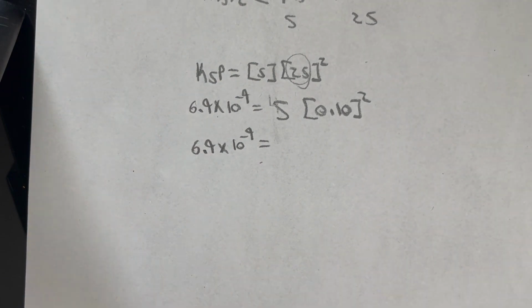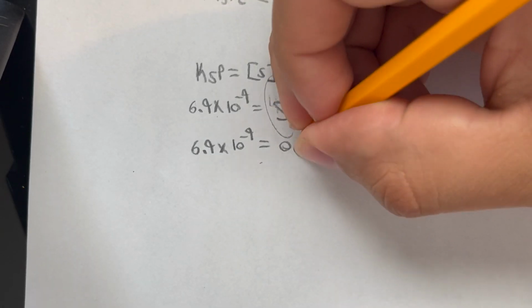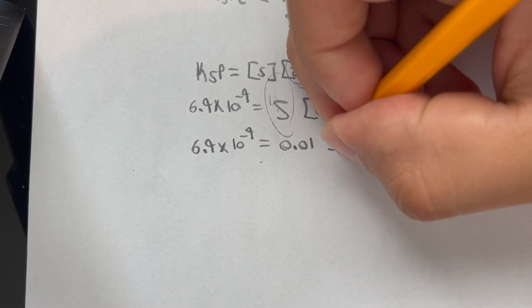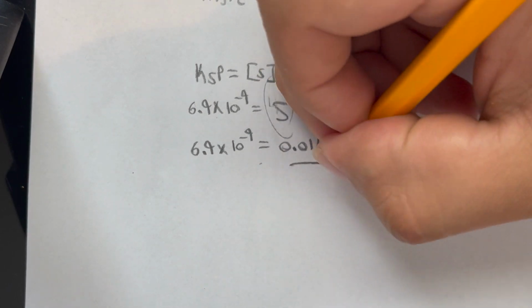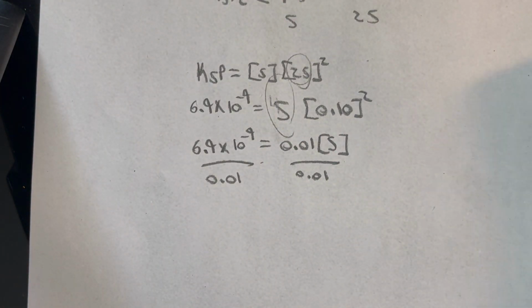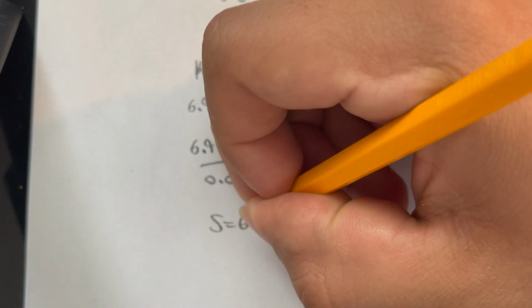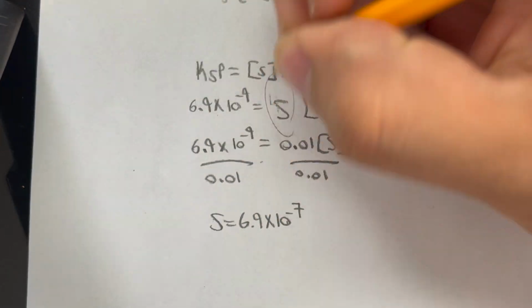Then we just solve for S, and that S is going to tell us the minimum concentration we need because this S represents the magnesium ion. So S is equal to 6.9 times 10 to the negative 7, which is E.